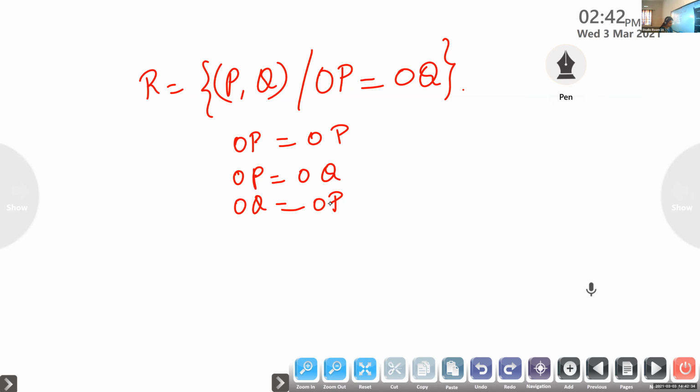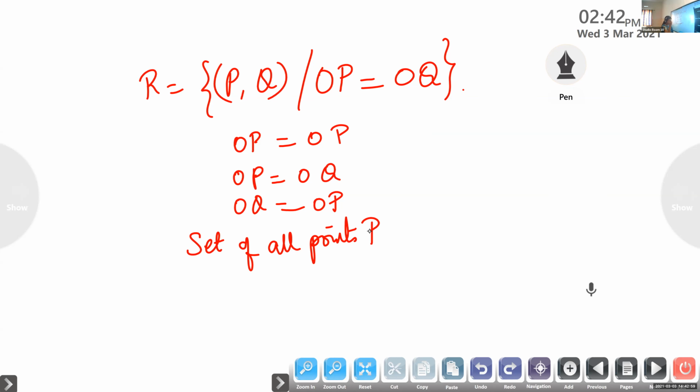Then what is the second part asked? Show that the set of all points related to the point P not equal to origin is the circle which passes through P with origin as center. What do you have to find here? We want to find the set of all points P which is not equal to origin.